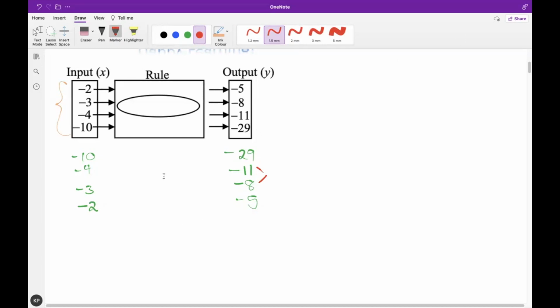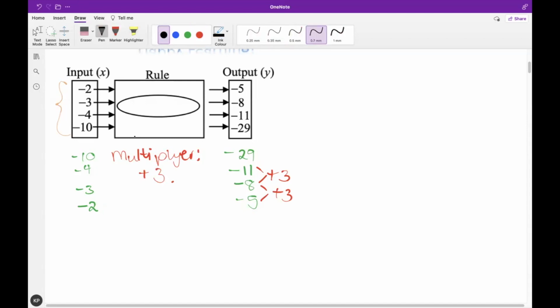From -11 to -8, you are actually adding 3, guys. This is why our formula didn't work. And from -8 to -5, we are adding 3. So my multiplier is in fact not -3, but my multiplier is +3.